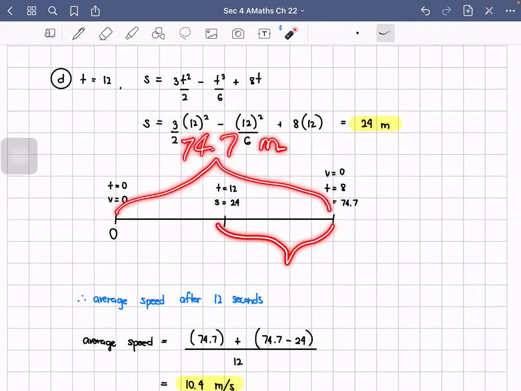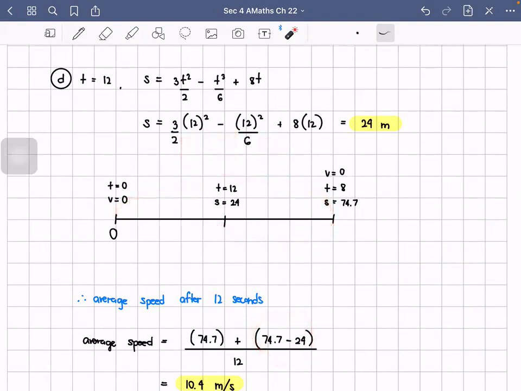You can get this when you subtract 24 from 74.7. That gives you 50.7.